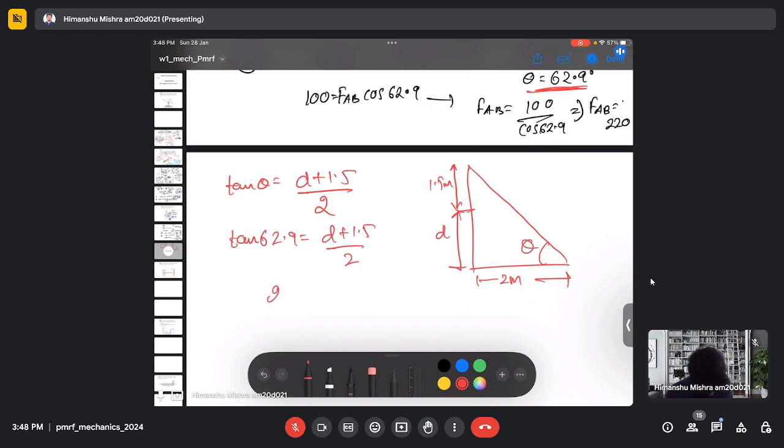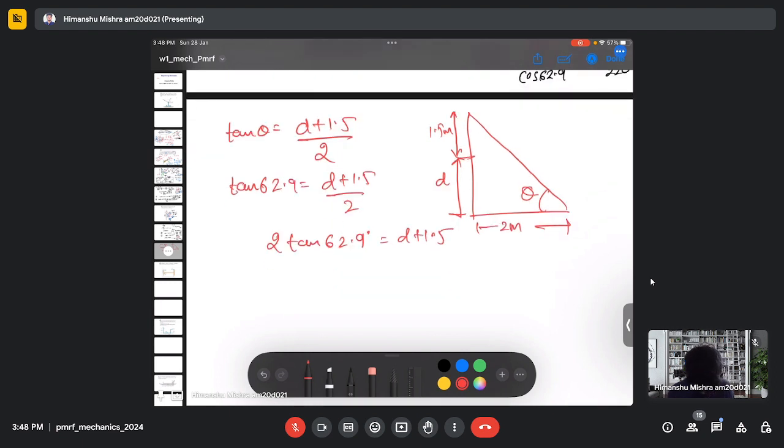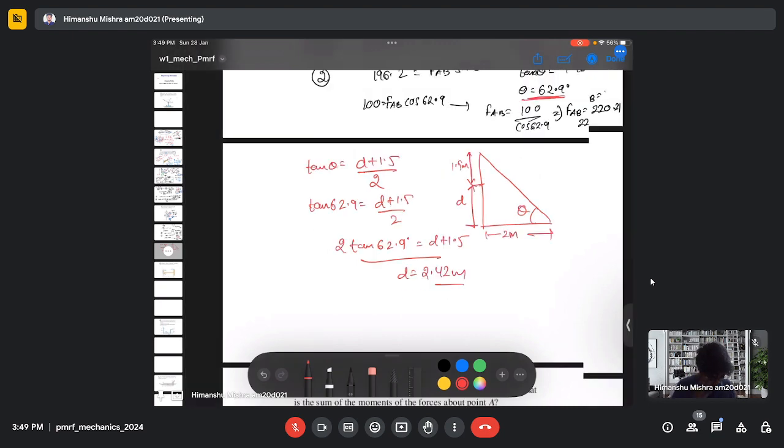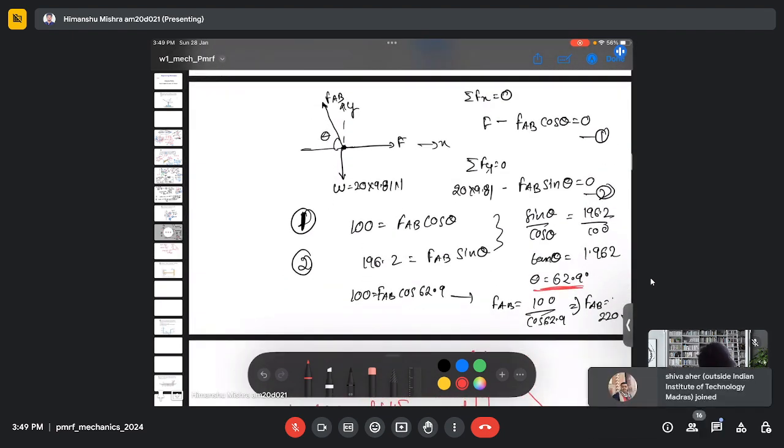On solving this, you will get D as 2.42 meter. So basically, we do the summation of force in order to find the theta.